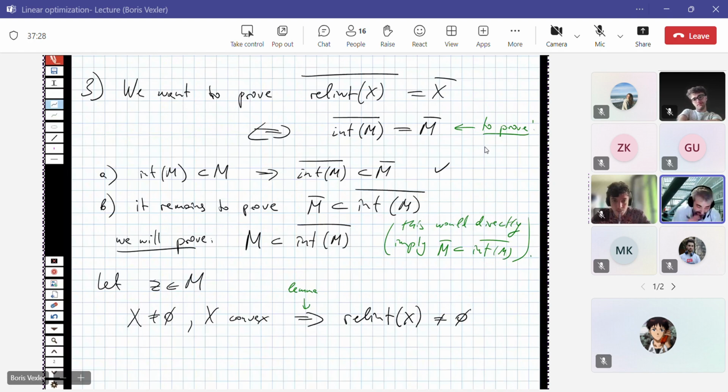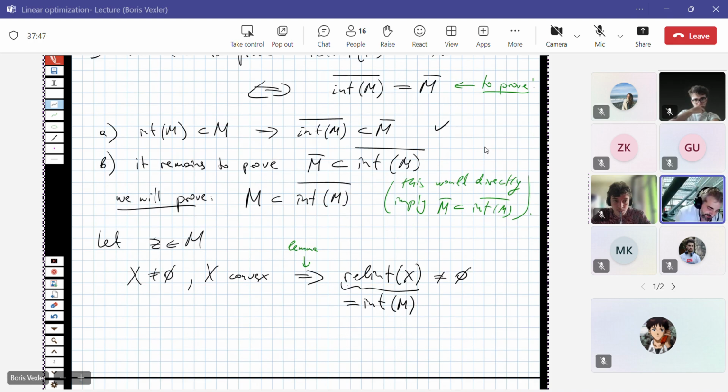But this relative interior of X is nothing else but the interior of M. And therefore the interior of M is not empty, and also convex.